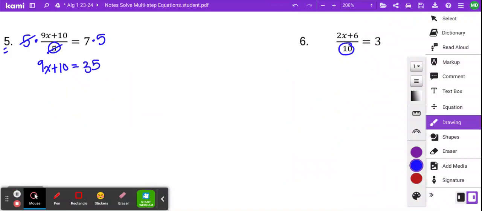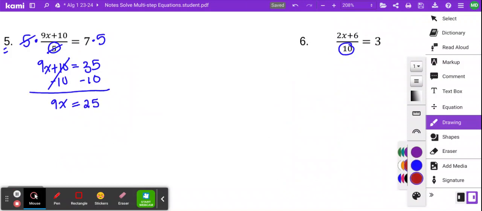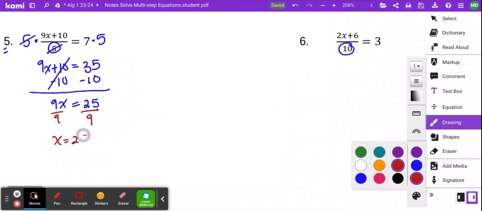And from here, we have a two-step equation. Subtract 10 both sides. 9x would be equal to our 25. And get x by itself, divide by 9, and x is equal to 25/9.